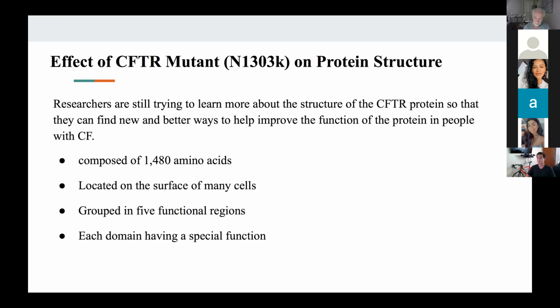Therefore, mutations in different domains cause a range of CF symptoms depending on the extent that chloride transport is affected. Mutations in CFTR often affect the 3-dimensional structure of the protein and prevent CFTR from reaching the membrane.